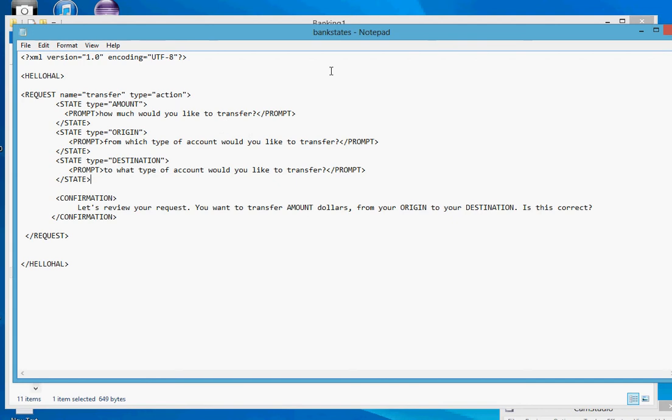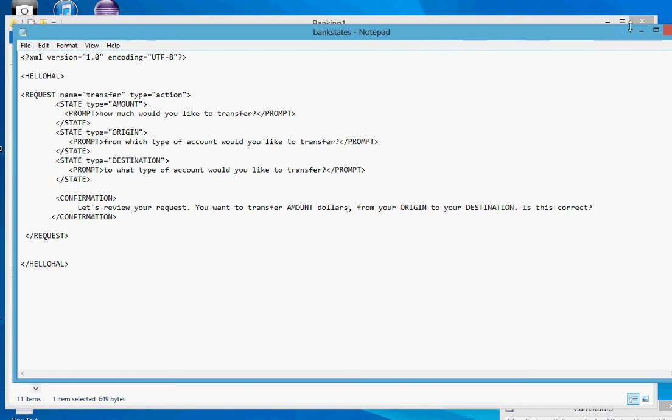So let's now see how we build. Well, the one thing I want to tell you is that it all boils down to one thing. The user needs to be able to express themselves as far as this particular action, which is transfer, in many various ways. And the natural language grammar needs to be able to account for all these variations that the user may come up with.